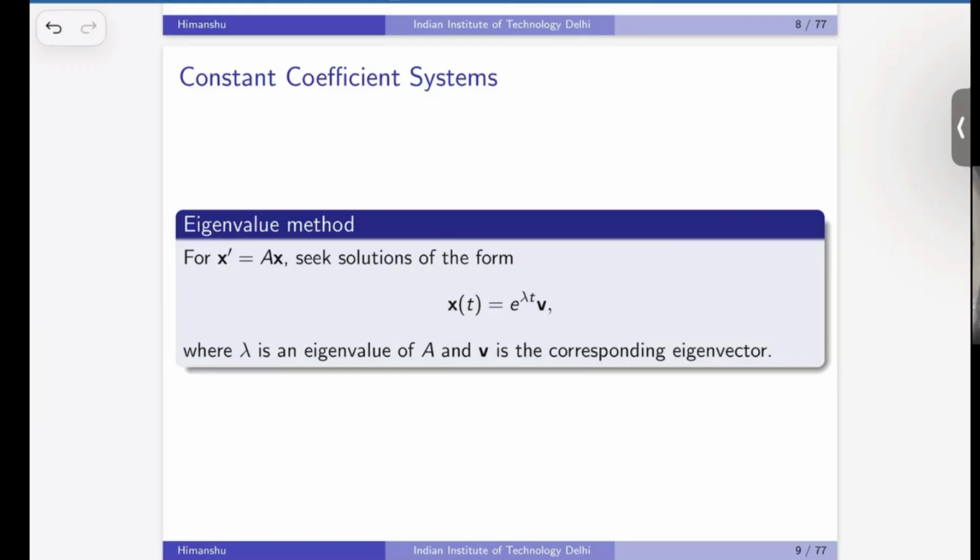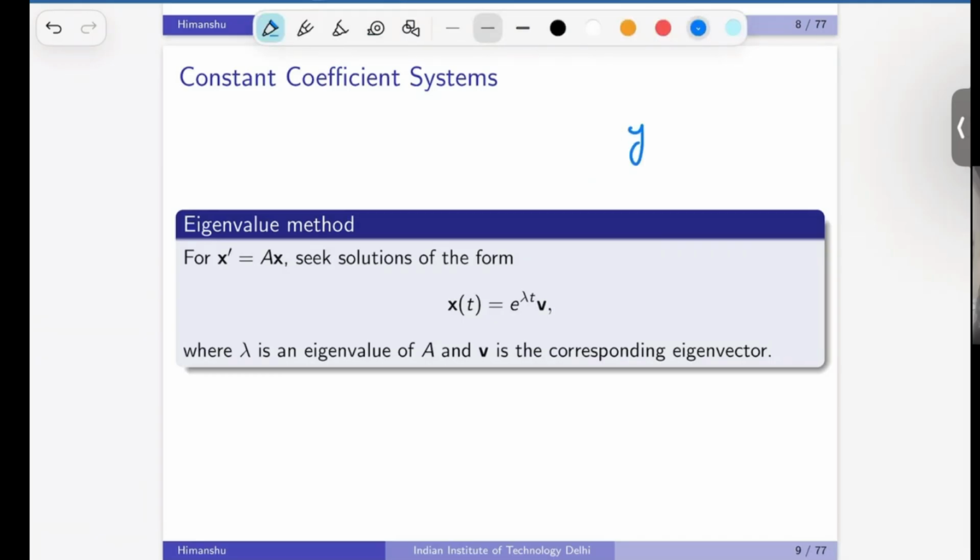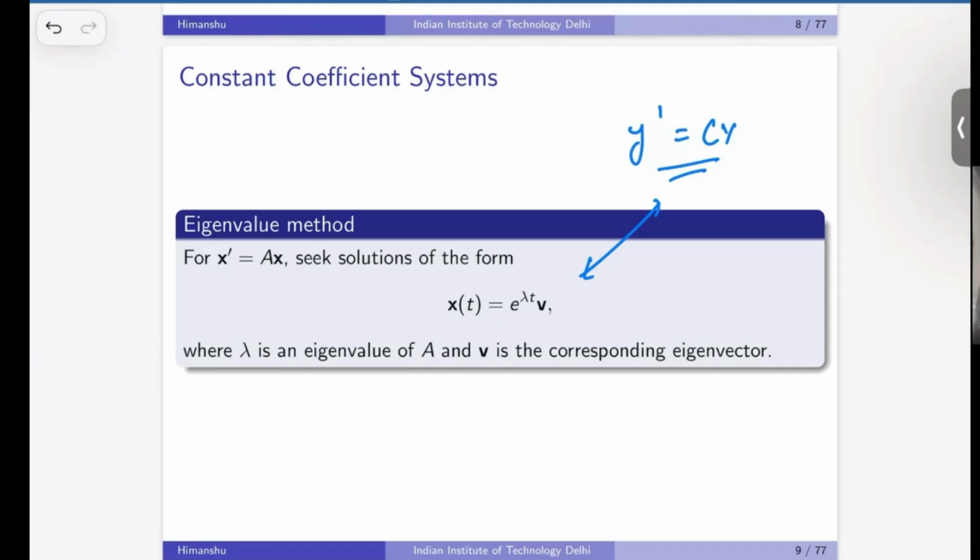For example, if I have the equation y' = cy, then solving this system is the same as solving that system. The proof is quite easy, so I'm not going into that.